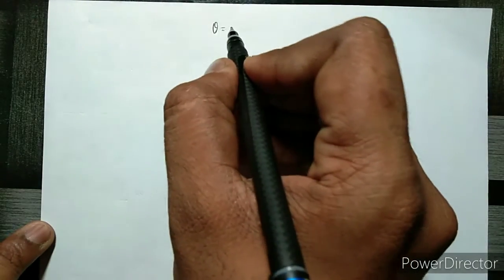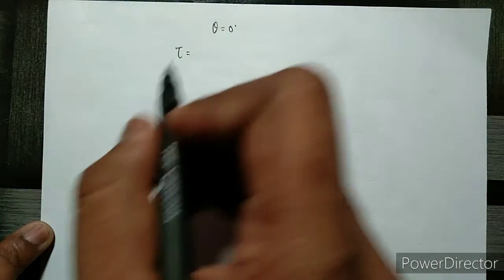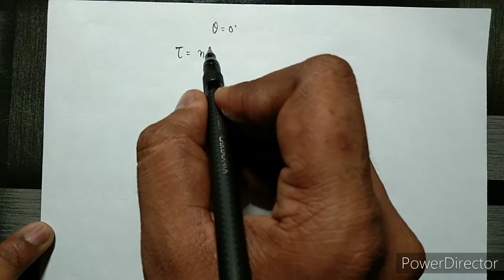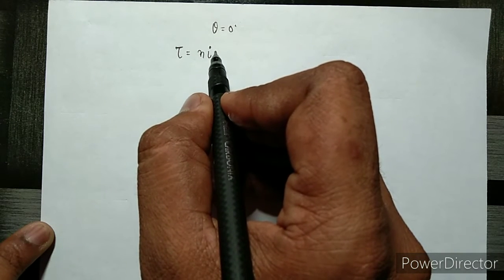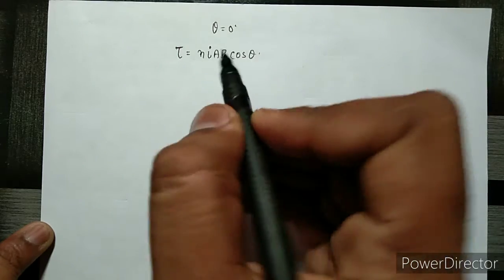The benefit of this radial field is that in every position the rectangular coil feels maximum torque on it, because in every situation the plane makes zero angle. That's why the torque on the rectangular coil is NIAB cos theta.